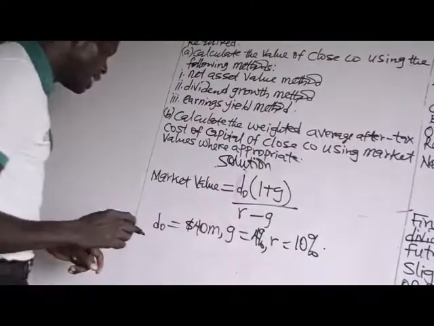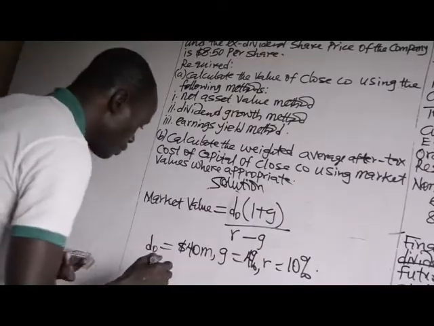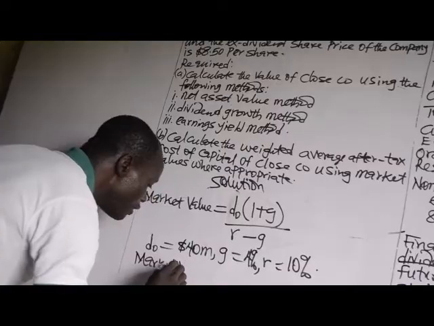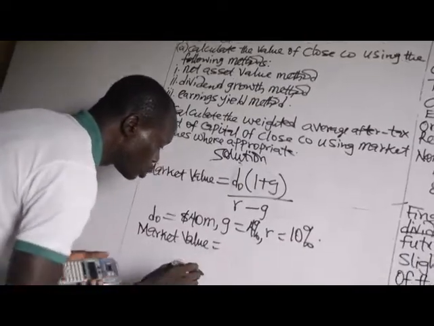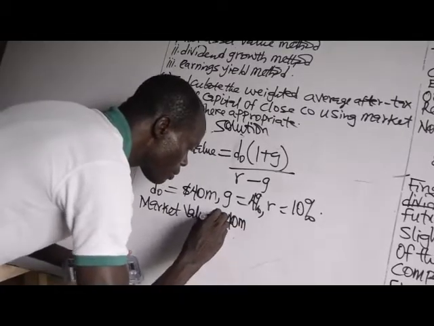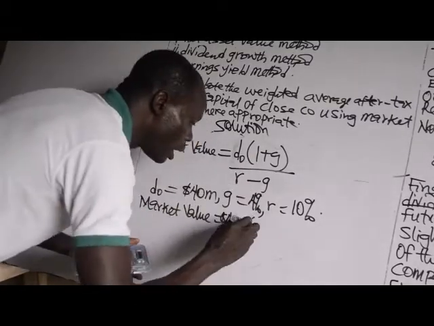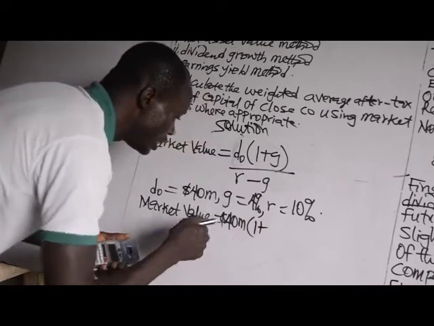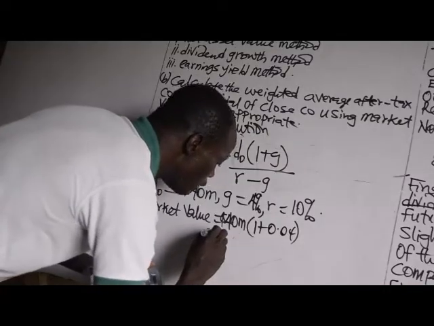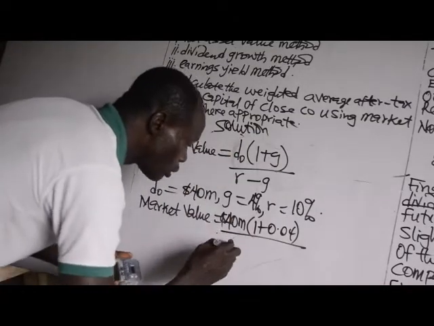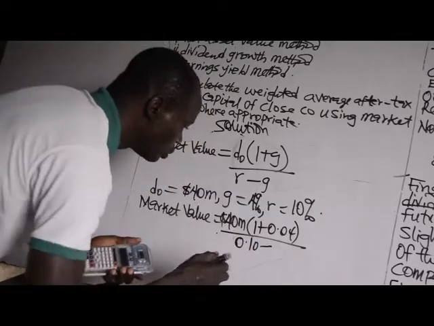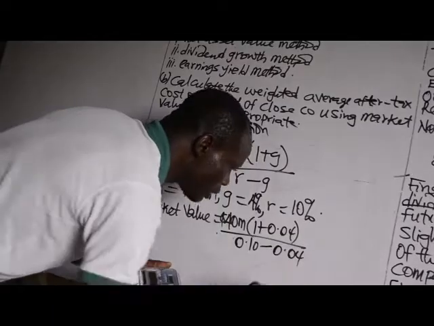Now, substituting into the formula, our market value equals the dividend, which is 40 million, times 1 plus G, where G is 4%, 0.04, over R, which is the cost of equity, 10%, 0.1, minus the growth rate, 4%, 0.04.